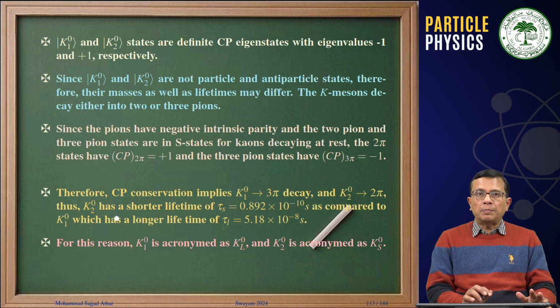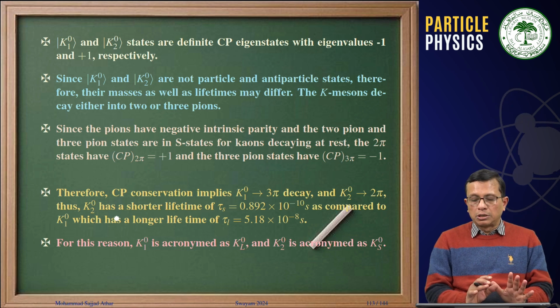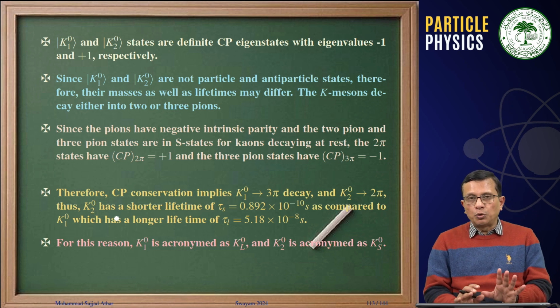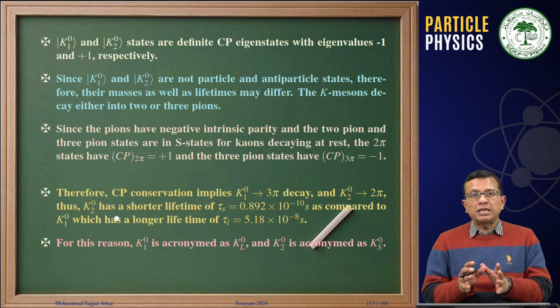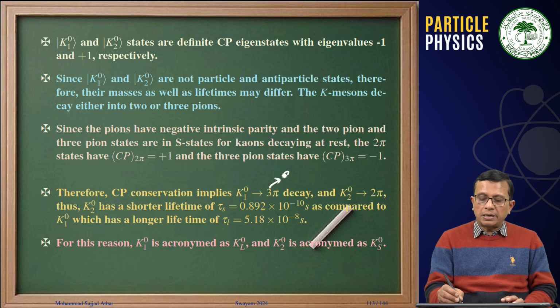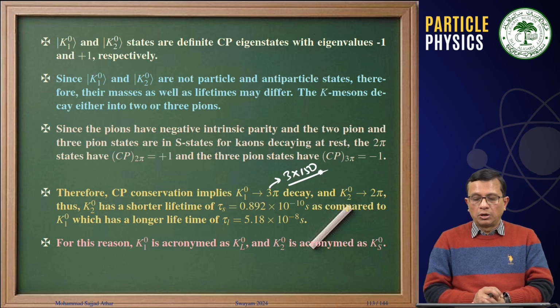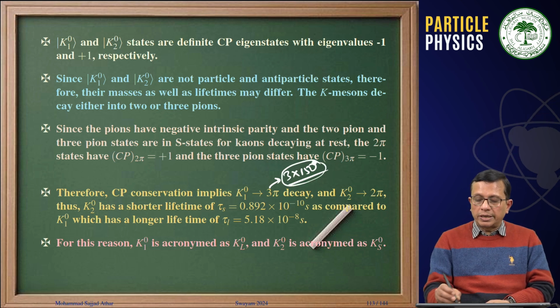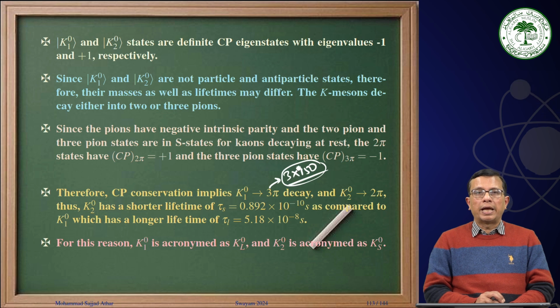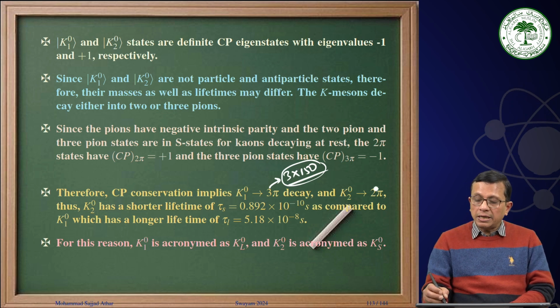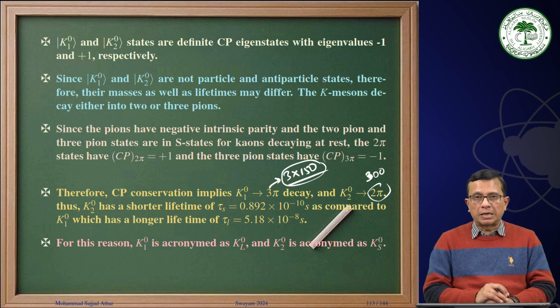Now, when we are talking about K10 and K20, the 3 pion and 2 pion states, you are creating 3 pions. That means you need more phase space in the case of K10, because you have to create a mass of 450 MeV, while here you have to create a mass of 300 MeV approximately.